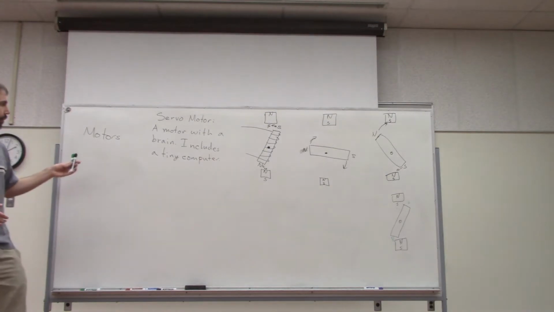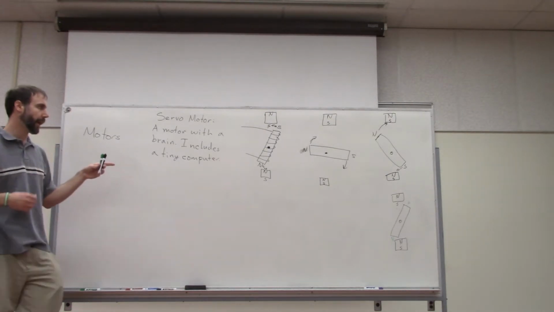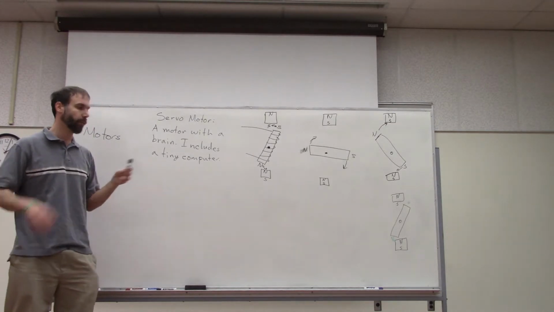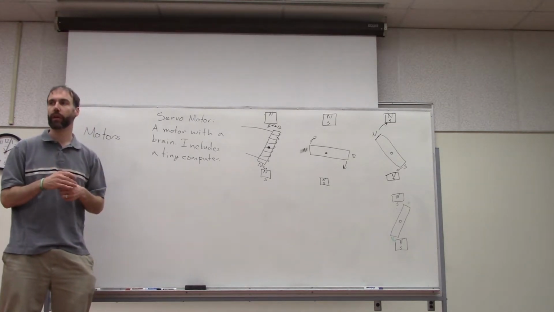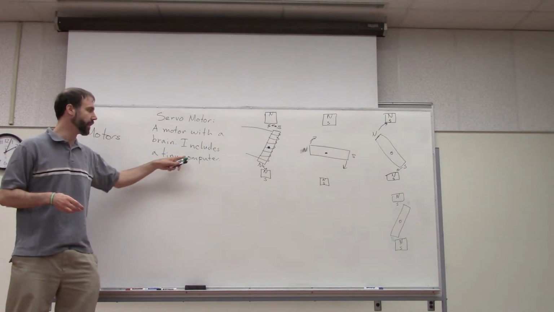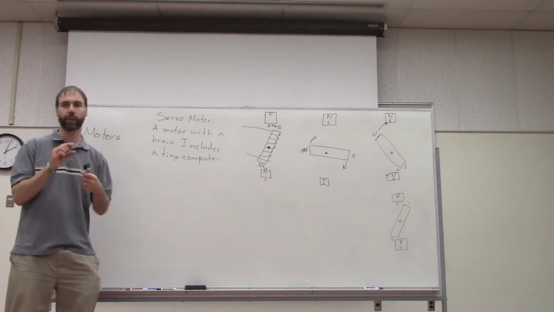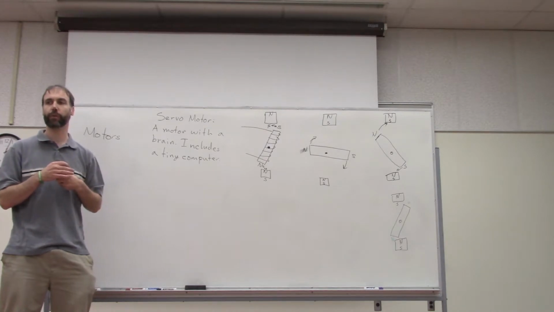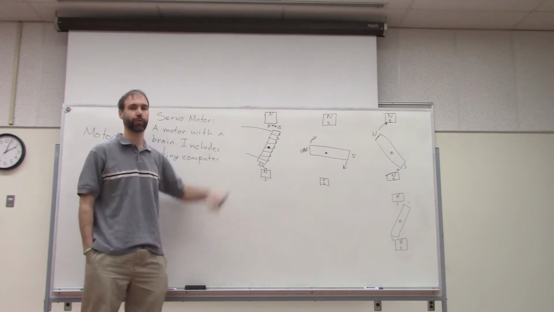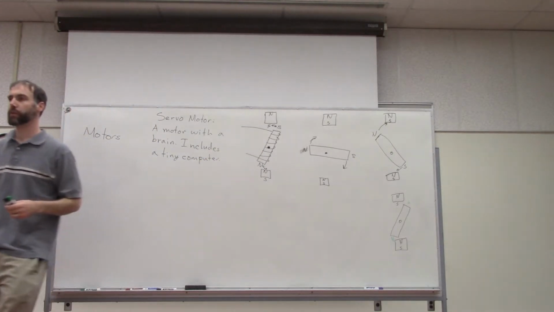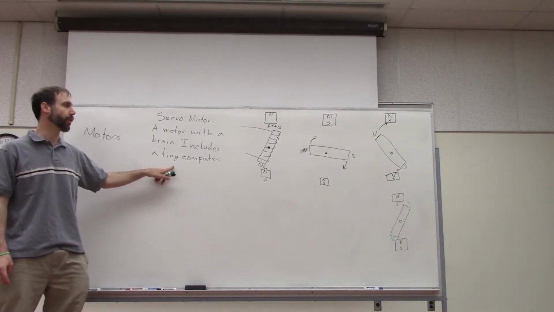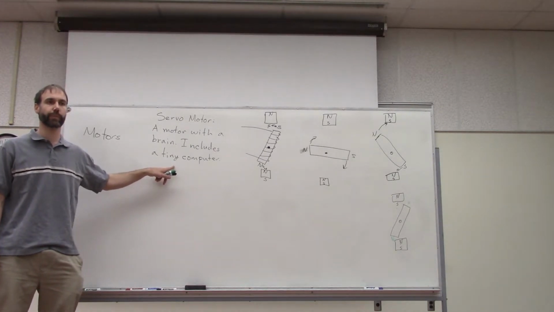What happens with the servo motor is that we don't actually change the voltage that we are supplying. We supply a constant voltage. And then we send little messages to the computer that is inside of the servo motor. And then that little computer handles the voltage control for us. So we might send a little message that says, okay, I want my motor to turn at half of its total speed.